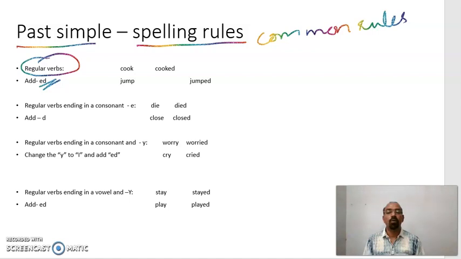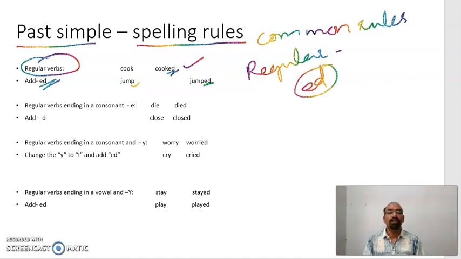For example, cook, cooked. Jump, jumped. Here ed is added with the verb. So what is a regular verb? A regular verb means we get its past form after adding ed with its base verb.